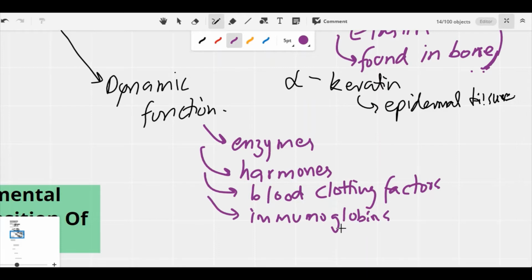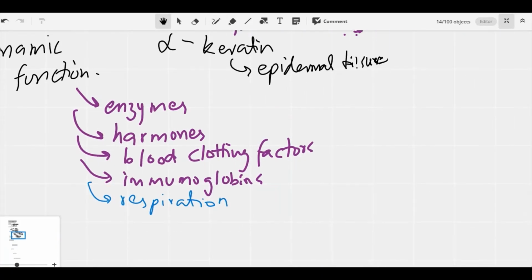Then muscle contraction, and one very important, respiration. In the respiration process, proteins perform dynamic functions and are appropriately regarded as the working house of the cell.